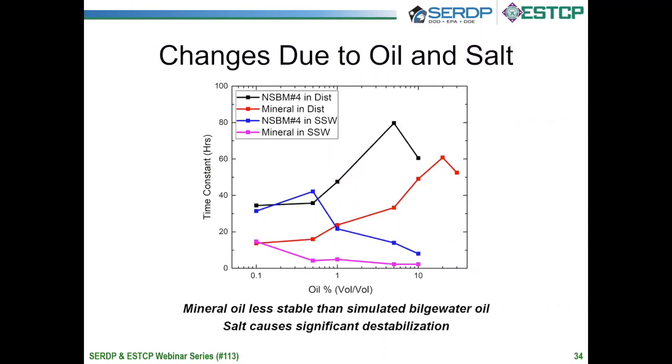But another thing that we thought was a bit more interesting was that there was any dependence on oil percent at all. So if you look at the distilled water cases, you'll see first an increase and then a decrease. And I don't know if I would have expected that going in, but if it was just about the creaming rate, a 10 micrometer droplet would cream at a certain rate and come out of solution at a certain characteristic time scale, and it wouldn't matter if there's another one of that same size scale present.